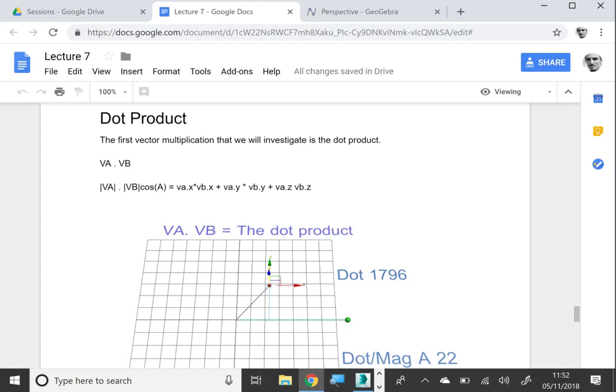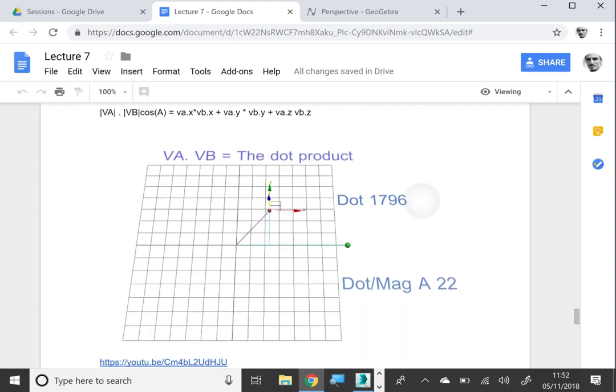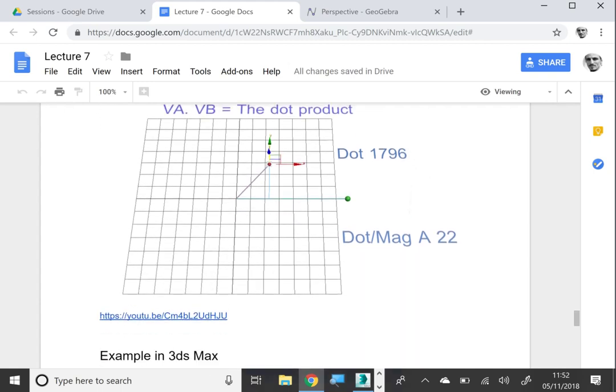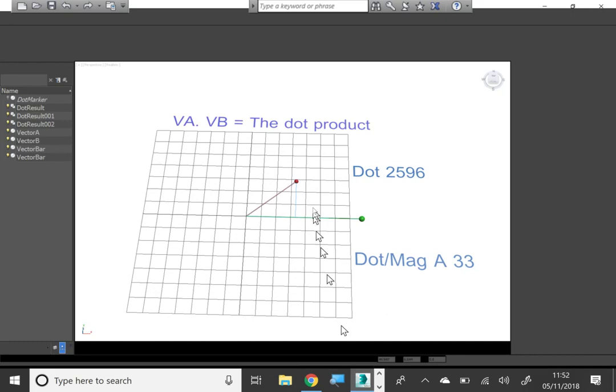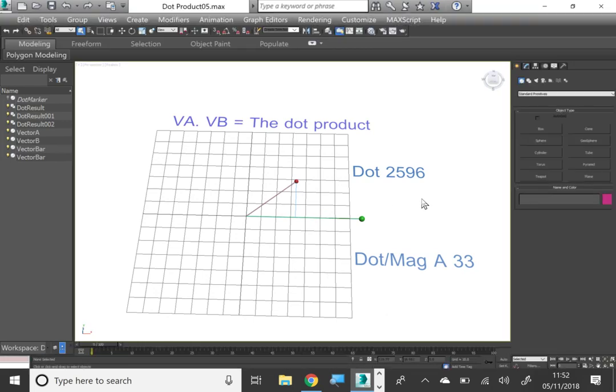I will quickly rally through the dot product and the cross product. So far we've been adding and subtracting vectors. We can also multiply vectors. There are two ways of multiplying a vector.